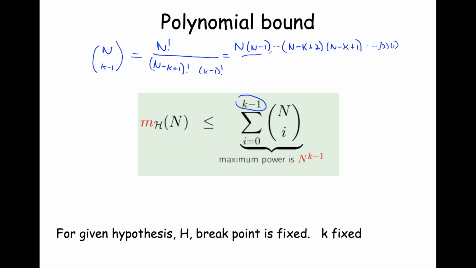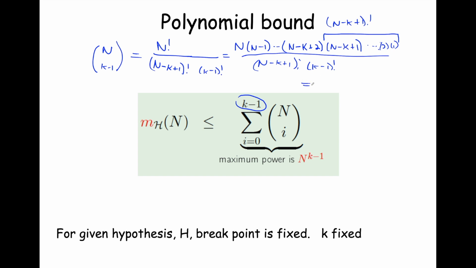Now, let me rewrite this: n minus k plus 1 factorial, k minus 1 factorial. These terms are the same as writing n minus k plus 1 factorial.